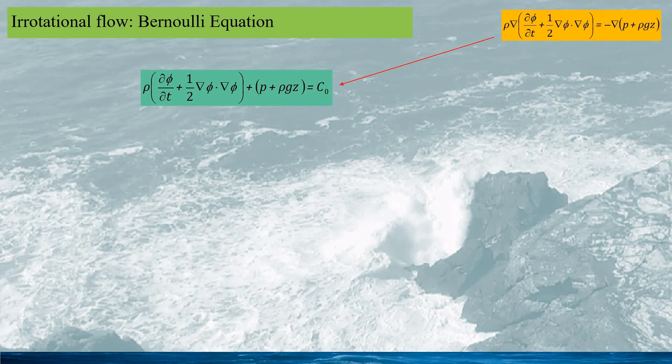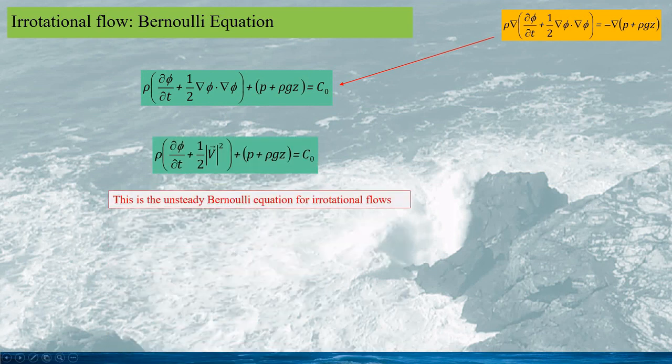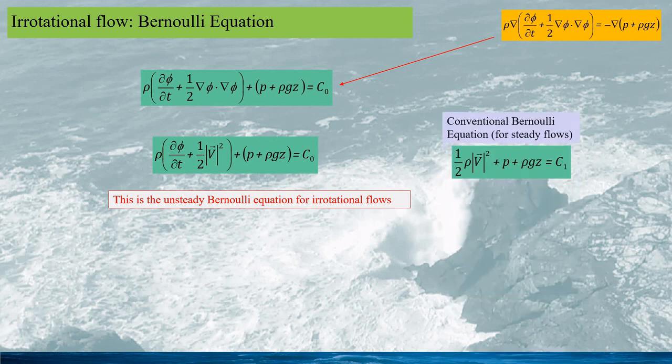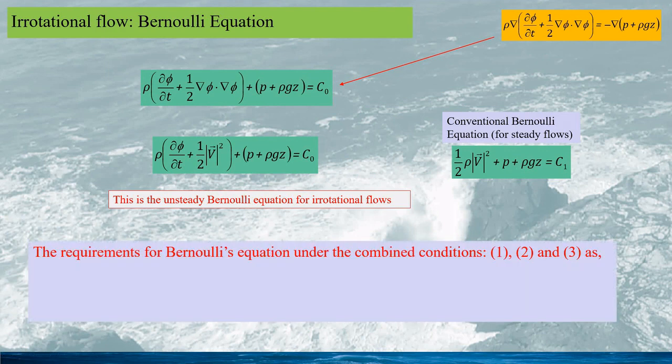And this unsteady Bernoulli's equation can be very useful in some applications, for instance, in ocean wave theory. This unsteady Bernoulli's equation can also be written as this. For a steady flow, a conventional Bernoulli's equation can be obtained as this. So we can see there might be different forms for Bernoulli's equation.